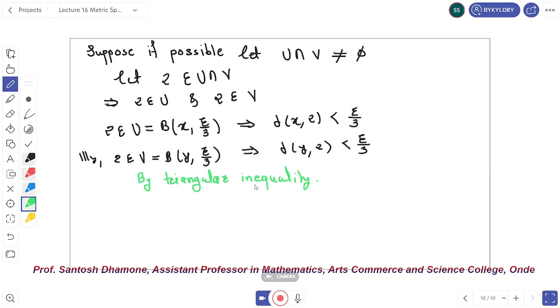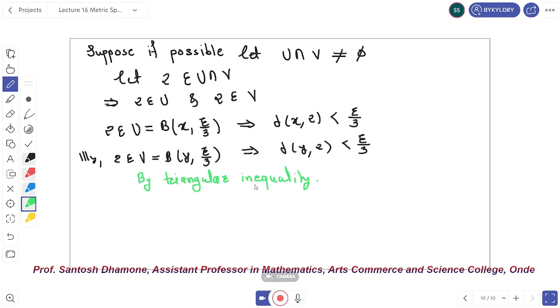But the distance d(x,y) is equal to r. This implies that r is less than 2r by 3.